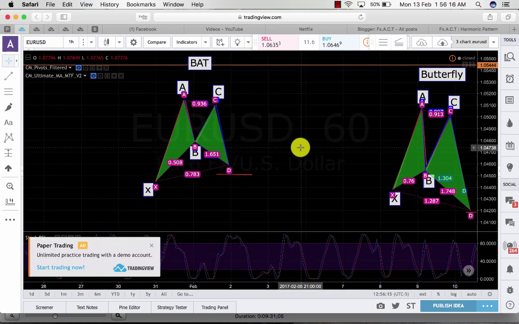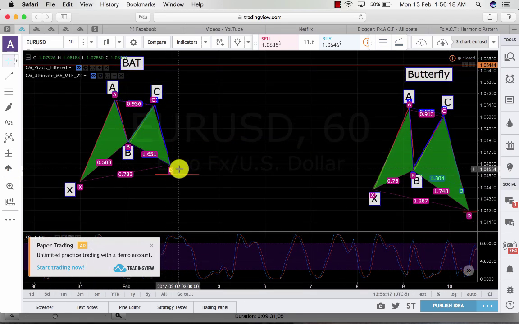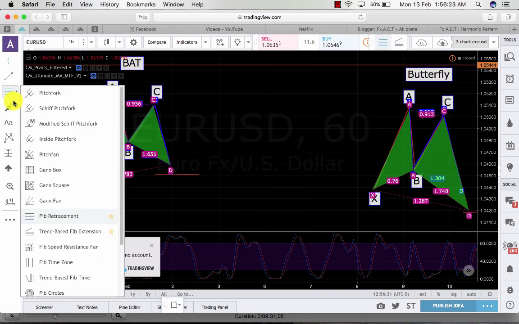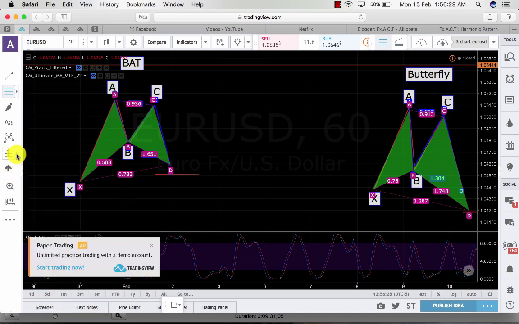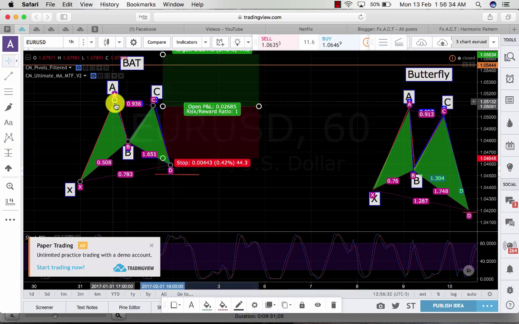So for this part, the potential trade, of course, we will trade. How do we trade this kind of pattern? We trade for short. Oops.